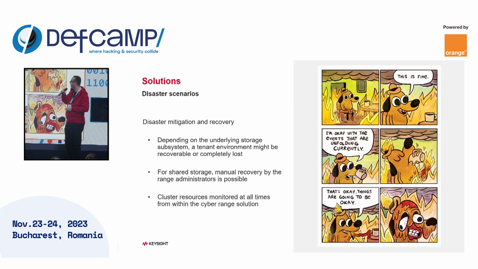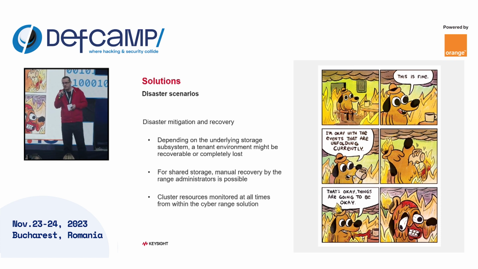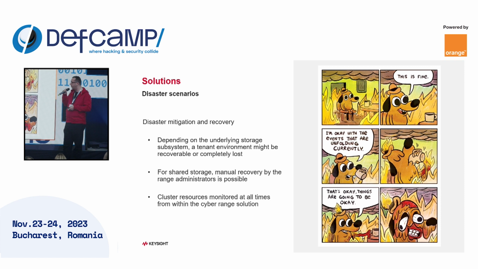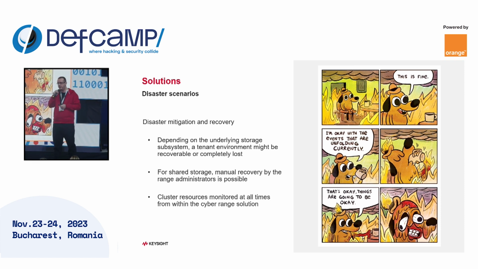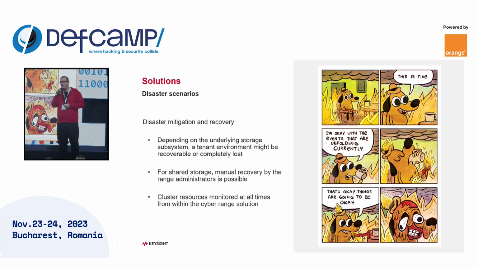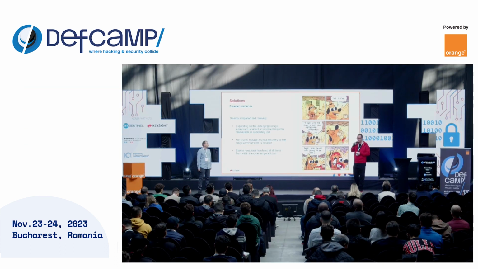For disaster scenarios, we were facing a very complicated aspect, which was that hardware, as you have all seen yesterday at the beginning of this event, inherently fails, right? You have a cluster, you have redundancy, but what happens with the virtual machines and the people actually using the cyber range?